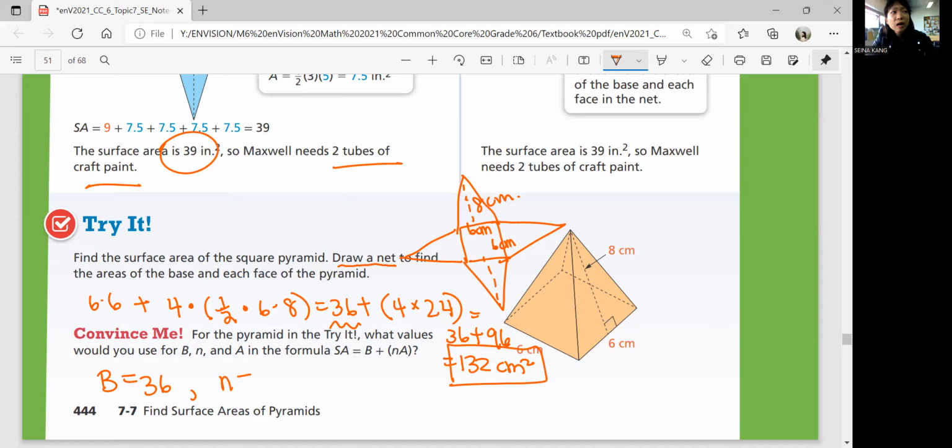And then N, how many faces do you have? 4. And then the area of each of the triangular faces on the sides is going to be 24. Okay, we already used that. So label them down.